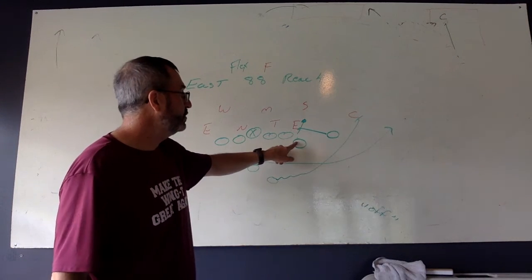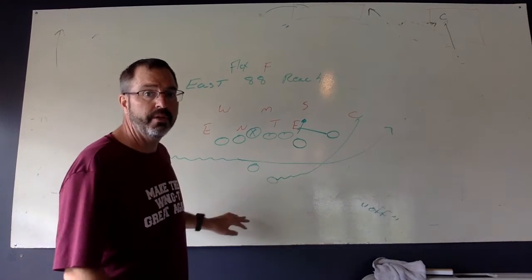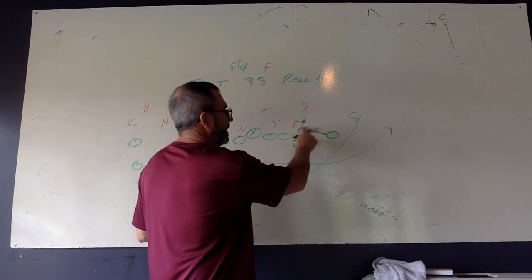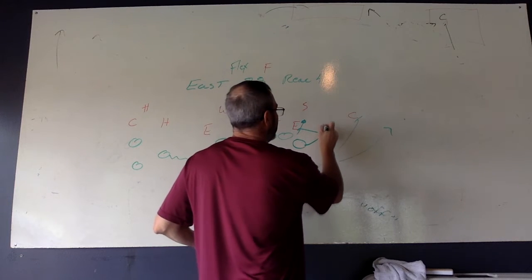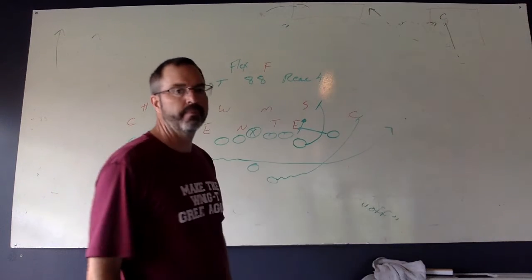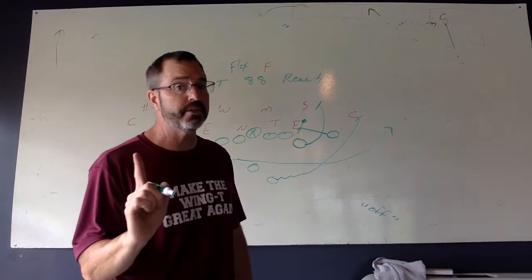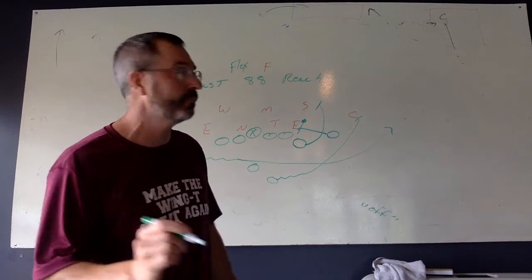Wings, what would you do? You're not going to double team. You do what we call a fold block, meaning that as he comes down, you fold over the top of him. Who do you block if you're folding? Same person you would block if you weren't double teaming.